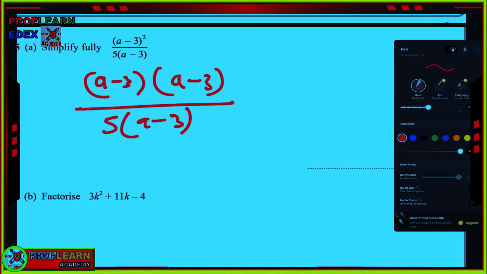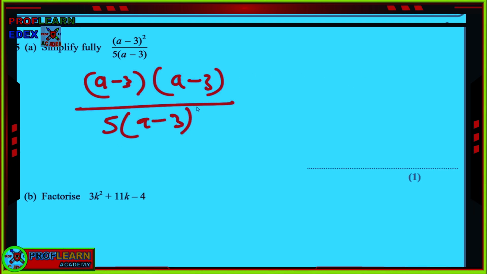With that, you have the right to cancel this. But you cannot cancel if there was an addition or subtraction sign between the brackets. If you have 5 plus this, you cannot cancel that one.